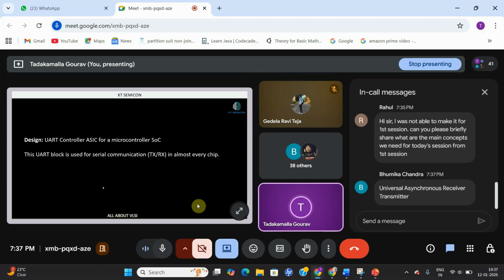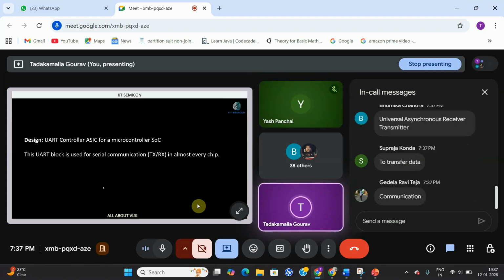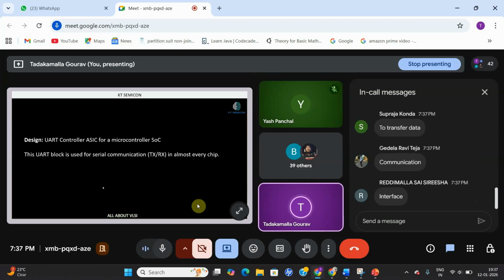Yes, Universal Asynchronous Receiver Transmitter, exactly. Now, where do we actually use this UART? Serial communication, exactly, to transfer data for communication. Now, is this UART a software or a hardware? Exactly. So UART is basically a hardware.